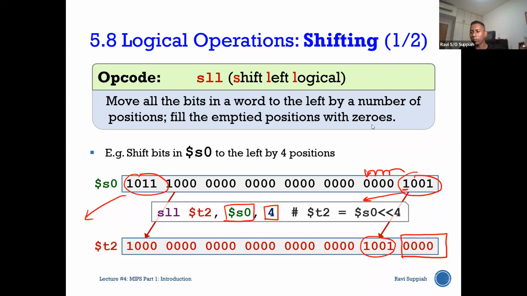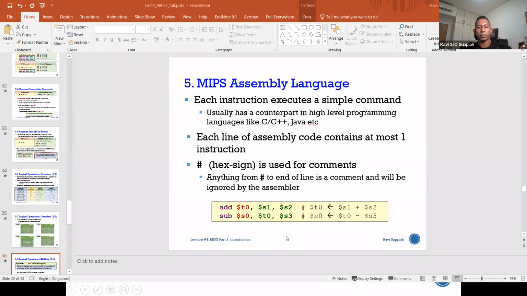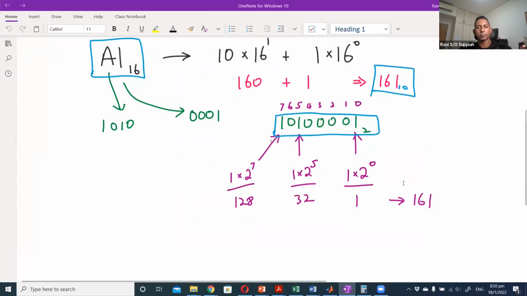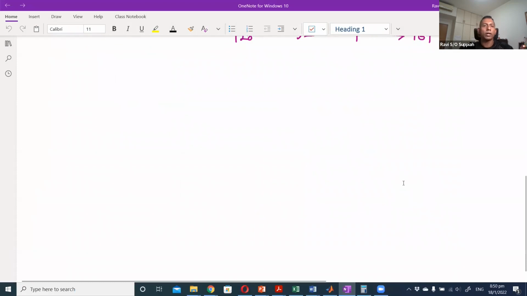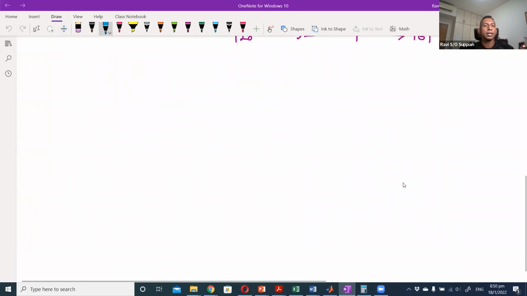So where will shifting be used? Shifting is an easy way to perform multiplication and division. Let me explain how it works. Take for example this binary value, 0, 1, 1, 0.